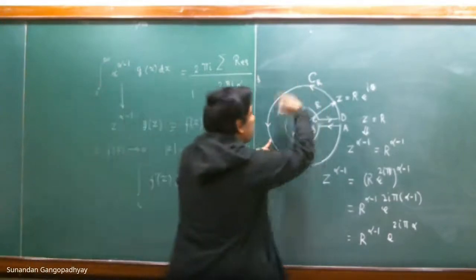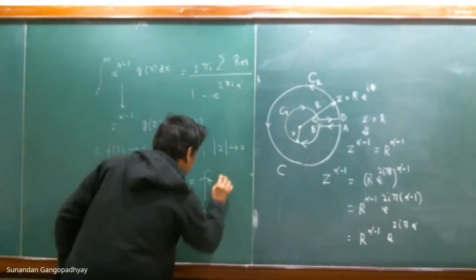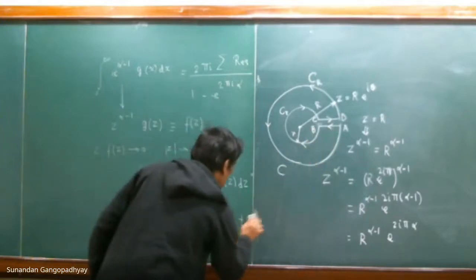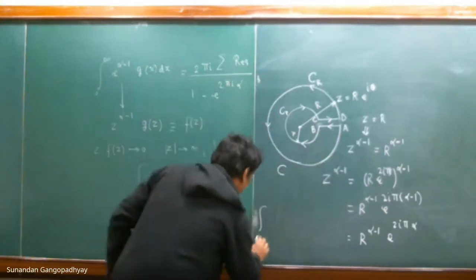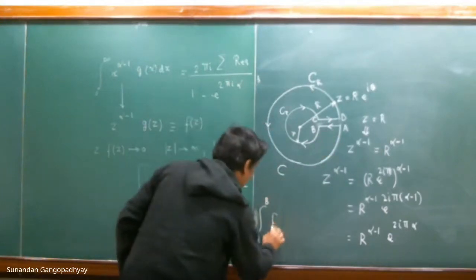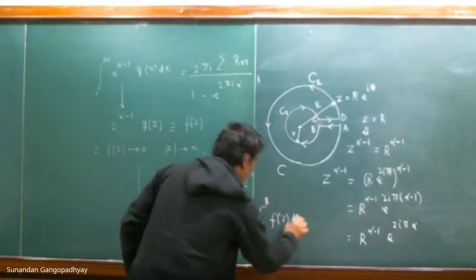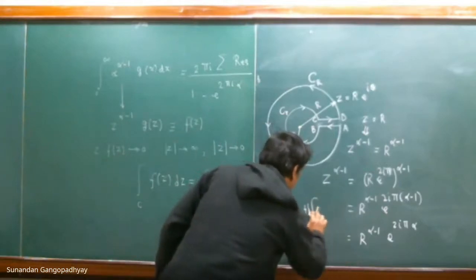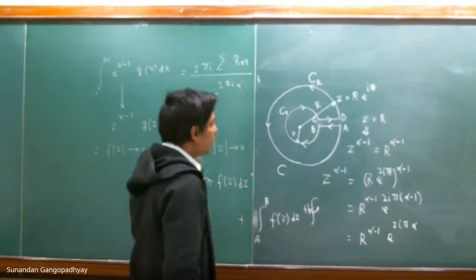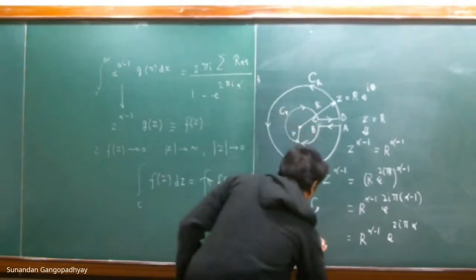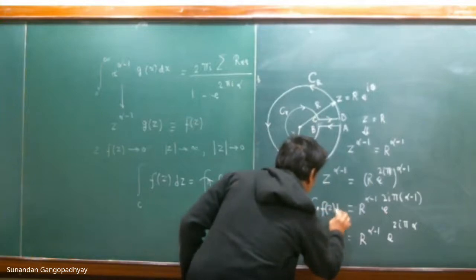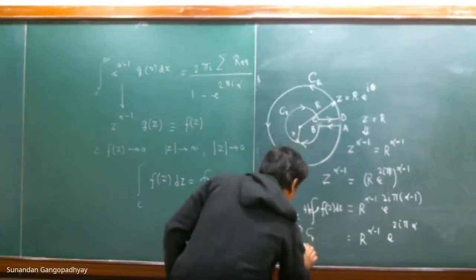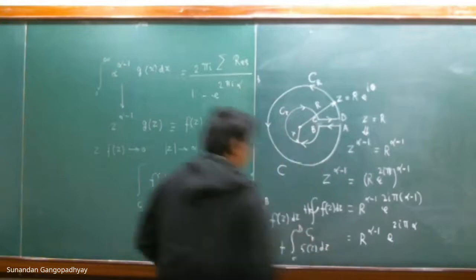It is basically the integral over C capital R of f(z) dz, then the integral from A to B of f(z) dz, then, please note these contours that I am drawing here, the integral over C small r of f(z) dz, and then the integral from C to D of f(z) dz.